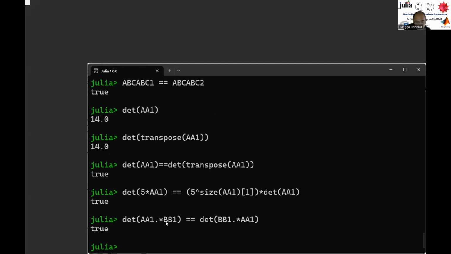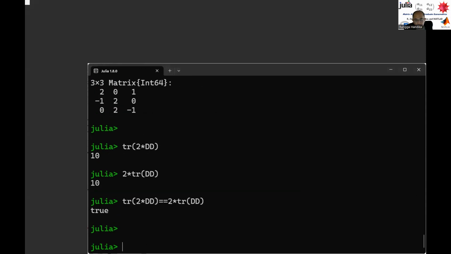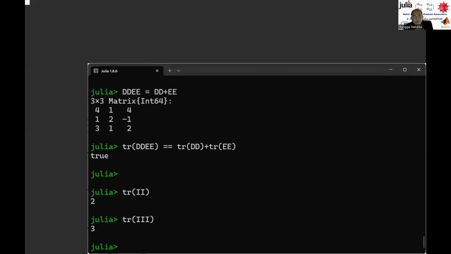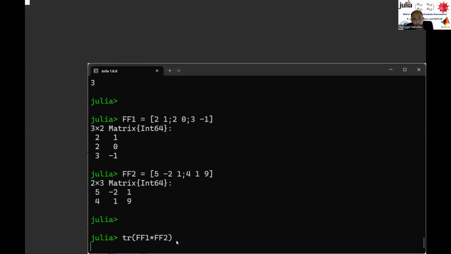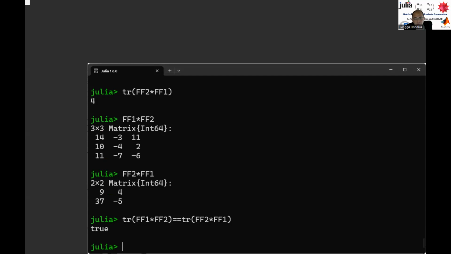The trace is similar, just a variance in the code. Transpose and then trace of transpose, you can see it is similar to this here. And then how about the inverse? You can see the transpose of the inverse.